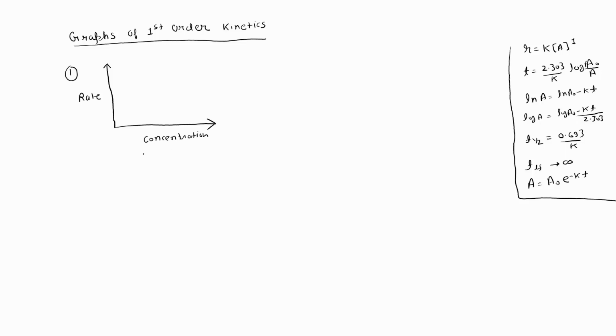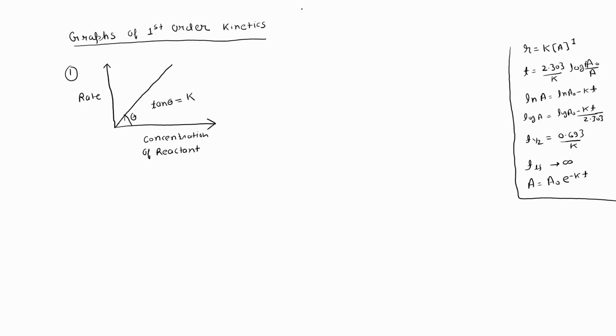So rate with respect to concentration of reactant. Rate with respect to concentration of reactant, we can use the first formula. In the first formula, rate linearly increases with respect to concentration, and the slope, where theta is the angle subtended by the x-axis anticlockwise, is tan theta. So tan theta is equal to the rate constant k.